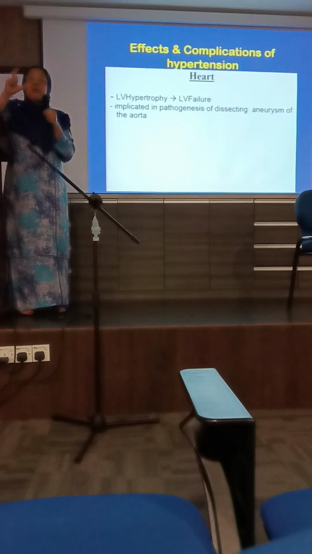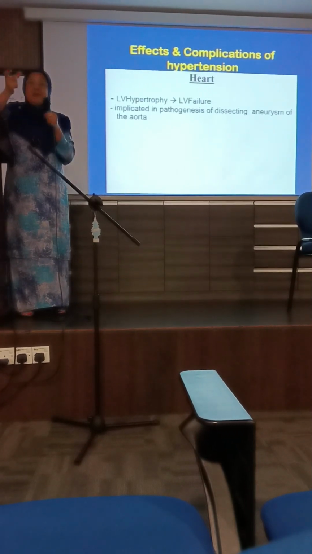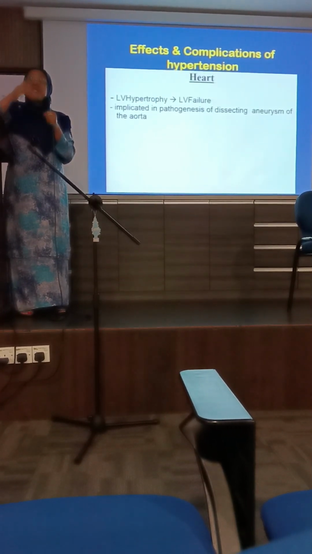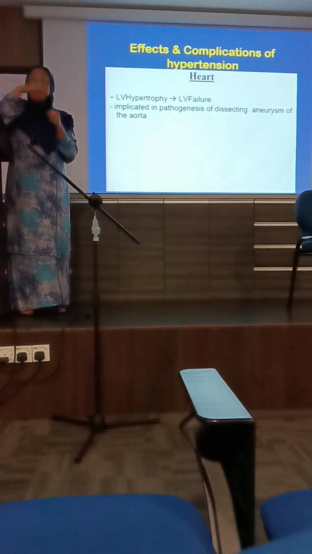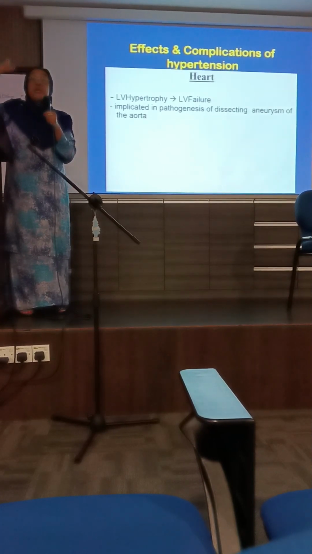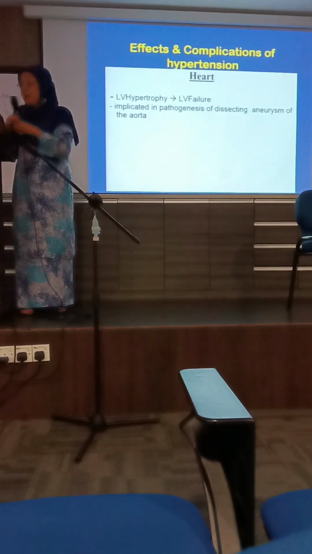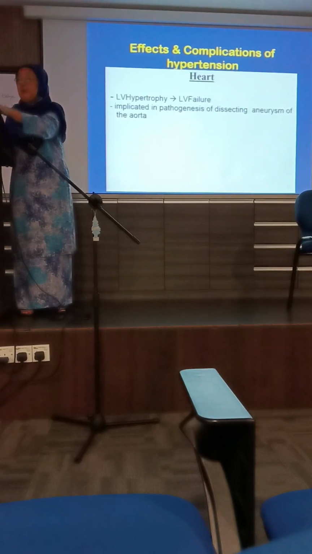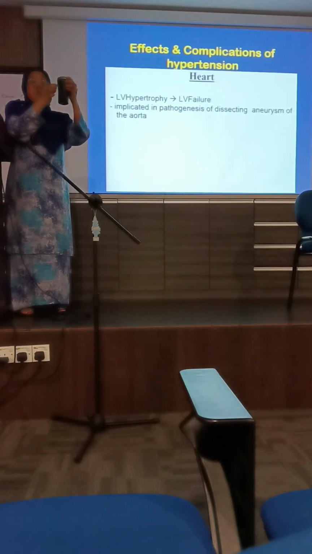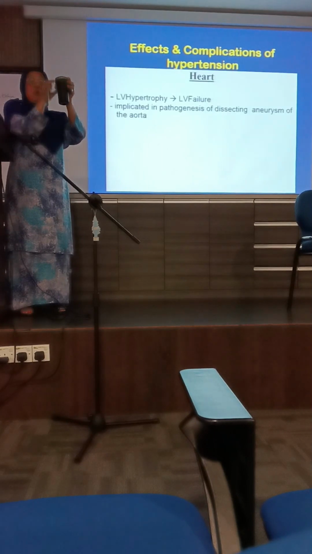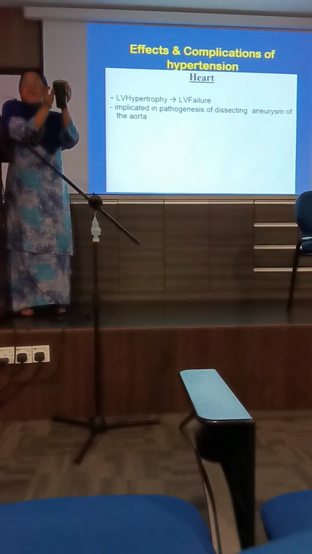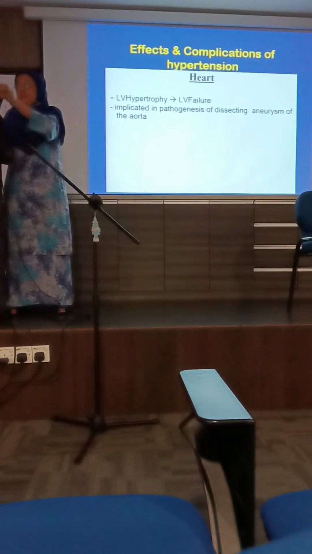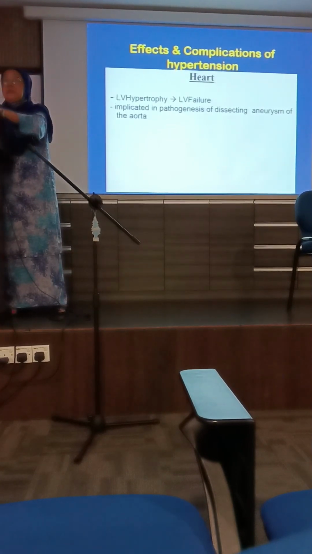So the wall now has two lumens. So that's why you call it dissecting aneurysm. The high blood pressure can split the damaged atherosclerotic wall. Are you with me? This wall is split, so you have a lumen in there and you have another lumen here. Is that good? No. All this can lead to aneurysm and rupture.